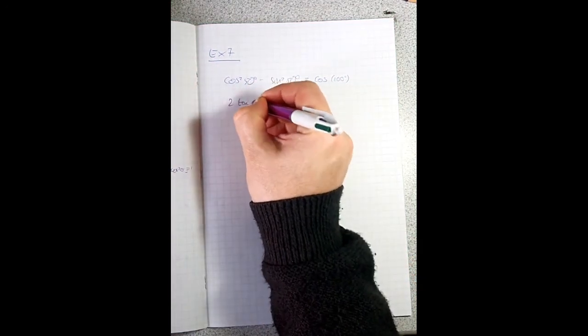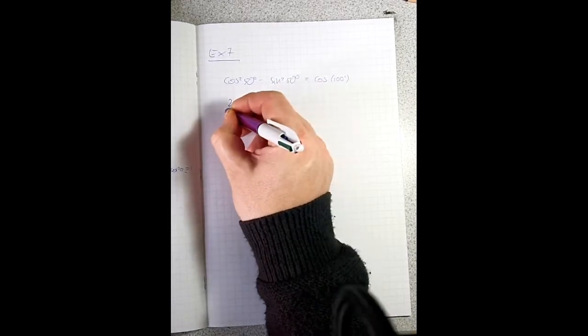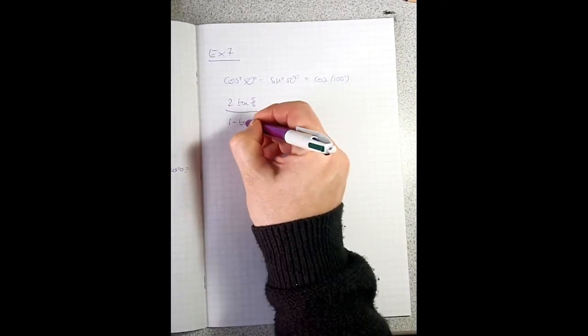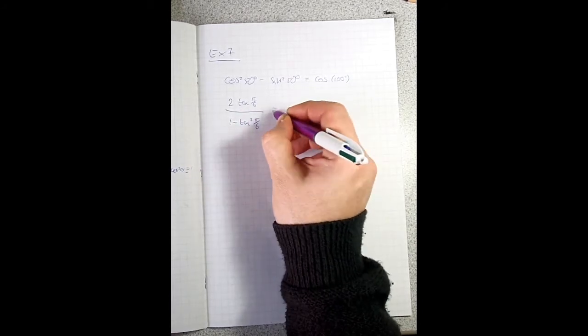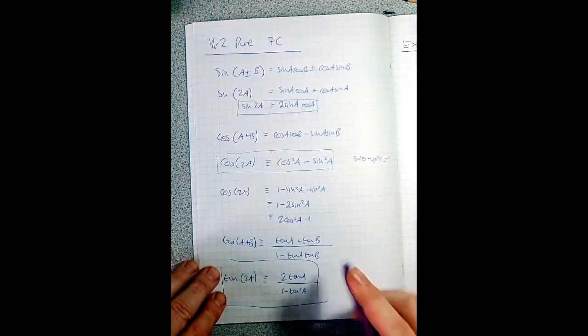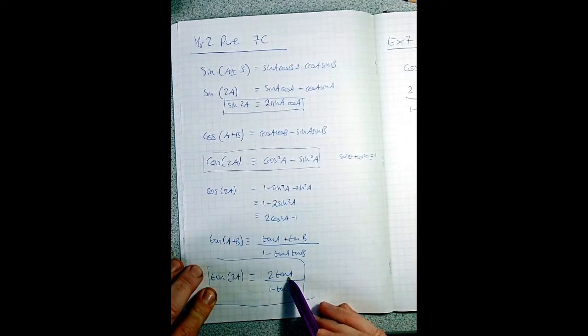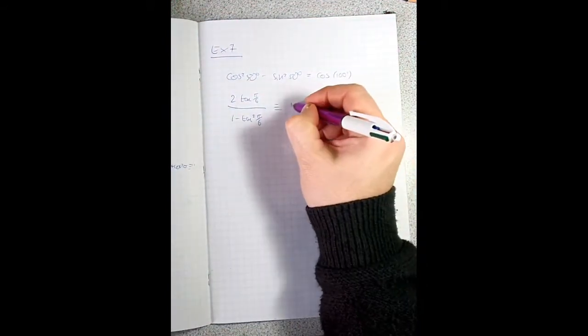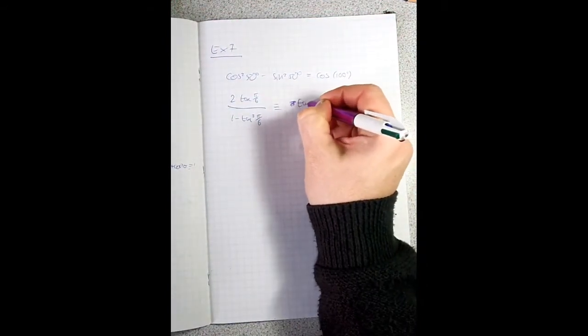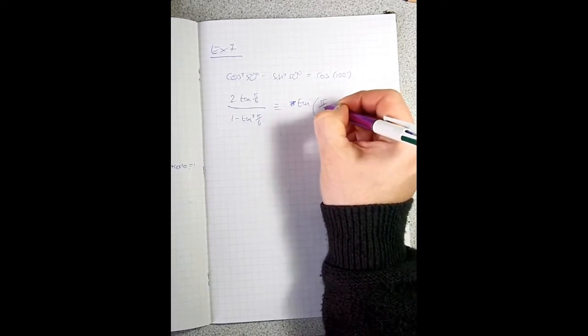Next, 2 tan pi over 6 over 1 minus tan squared pi over 6. Well, again, using the tan formula, clearly a is pi over 6, so 2a is pi over 3. Tan of pi over 3.